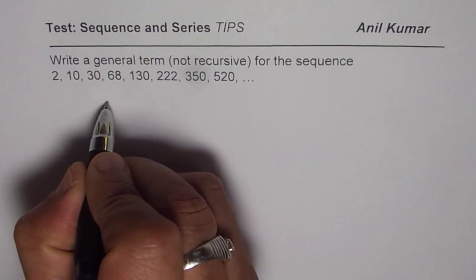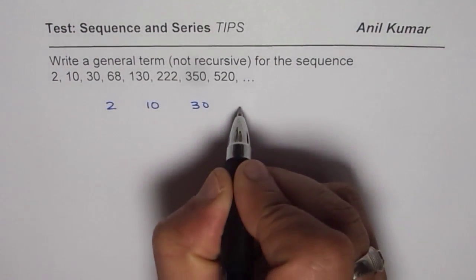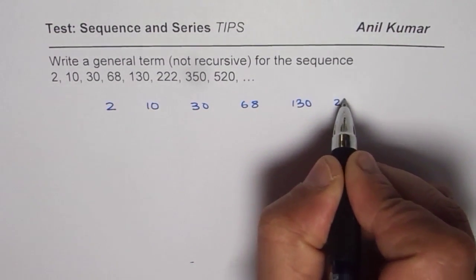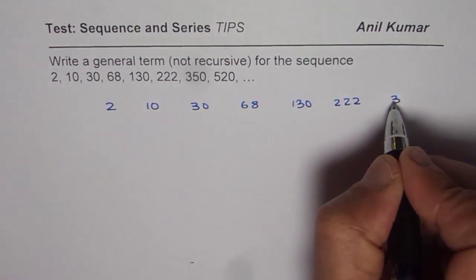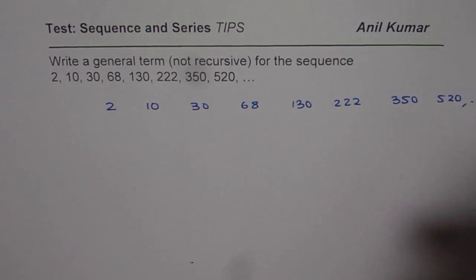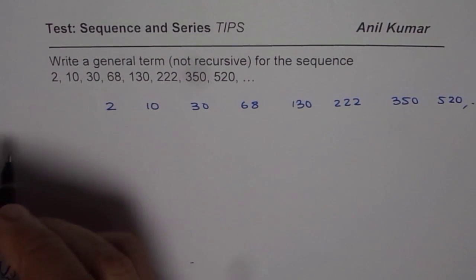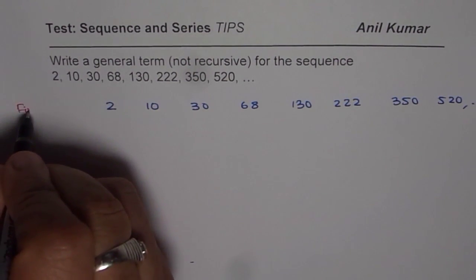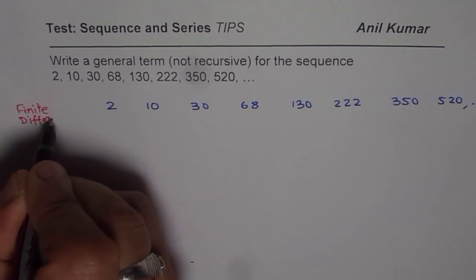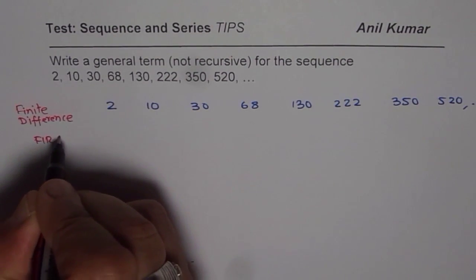So let me rewrite these numbers and we'll find the finite difference. We have the numbers as 2, 10, 30, 68, 130, 222, 350, and 520 for the time being. Others will follow. So let's find the first finite difference.